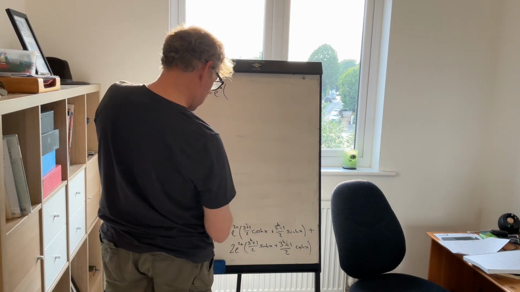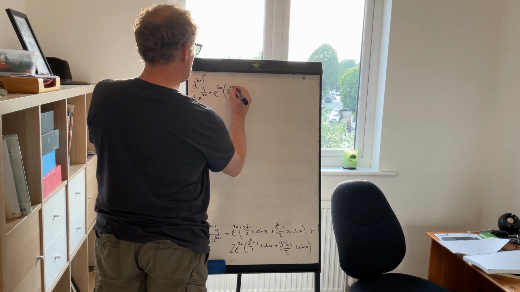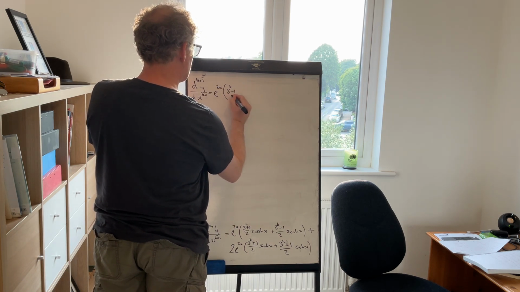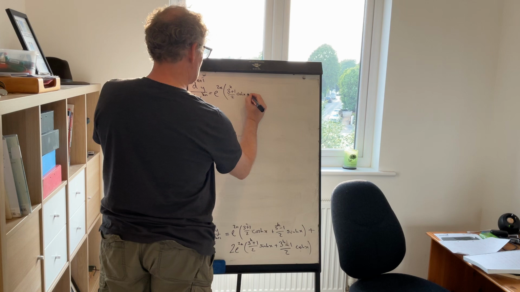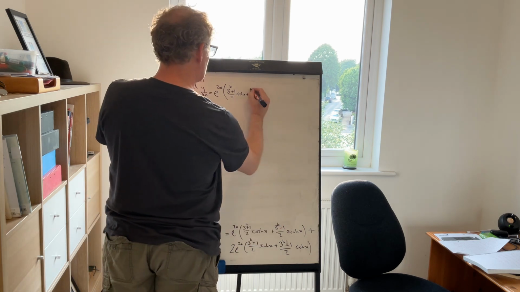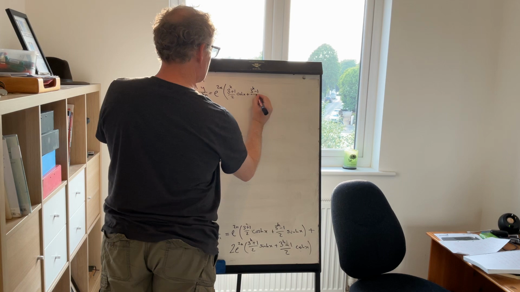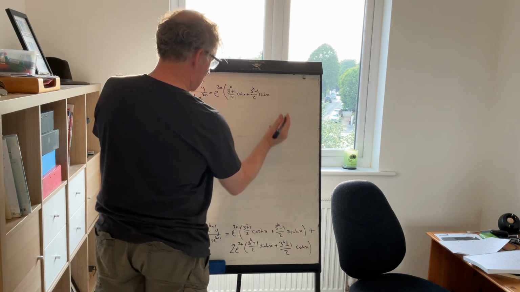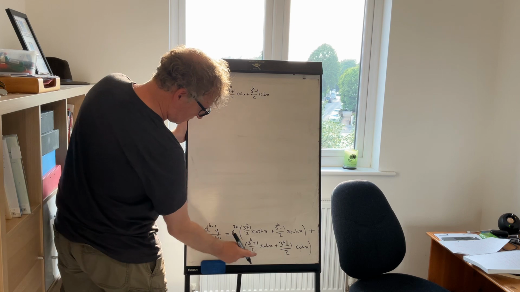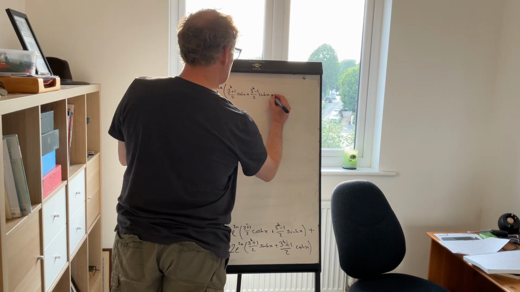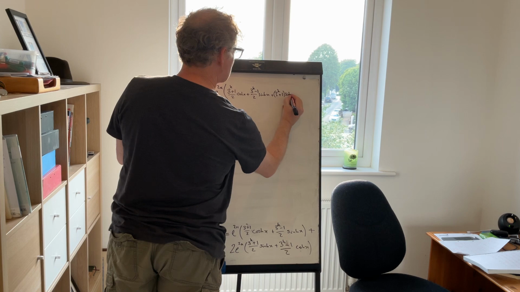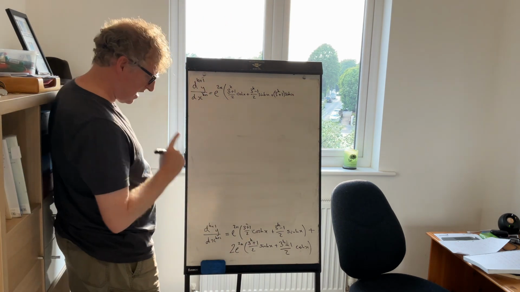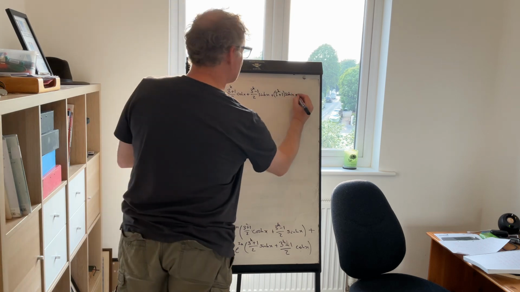This, we're going to have 3 to the k plus 1 over 2 cos x plus 3 to the k minus 1 over 2 sine x, and then bring these in as well, so 2 times that, the 2's will cancel, so I'm just going to have 3 to the k plus 1 sine x. Might put a bracket around that just to make sure we're nice and clear that it's all being times by sine x, and then 3 to the k minus 1 cos x.